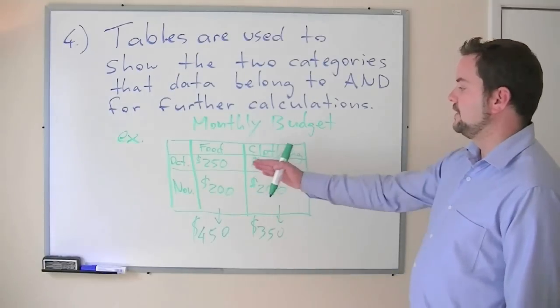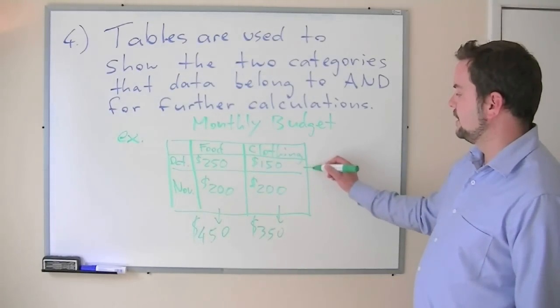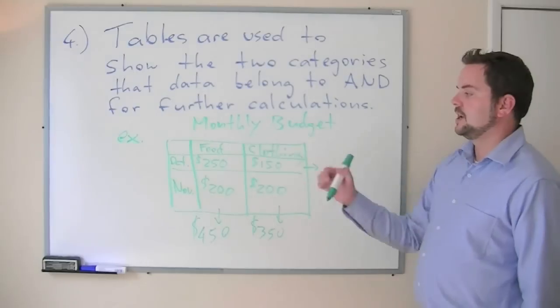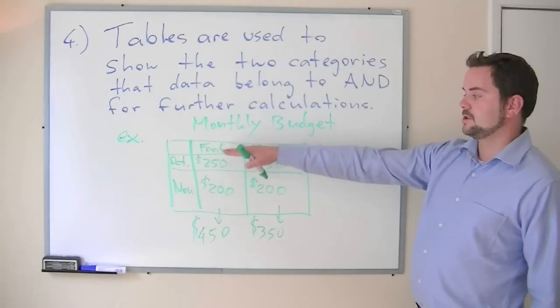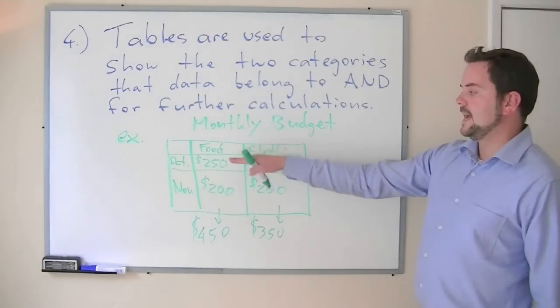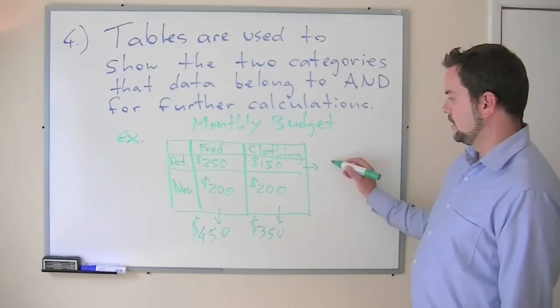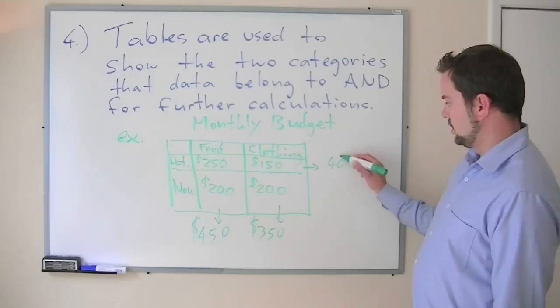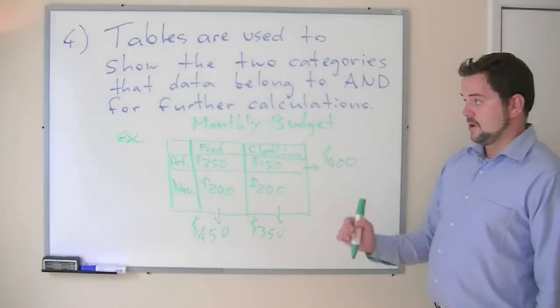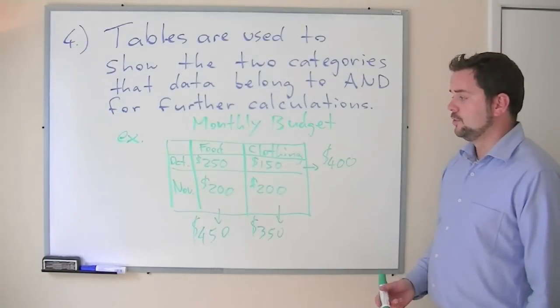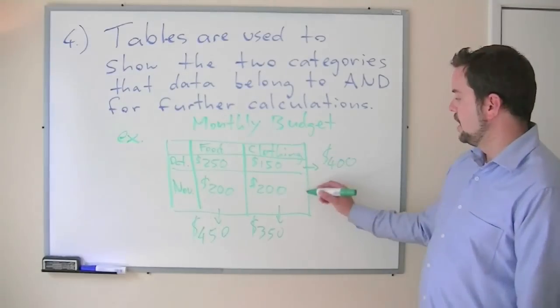Now, if we add together the rows, we find out a little bit different information. So by adding together the second row, again, pay attention, the first row is the title row, we learn that $400 was spent from the budget in the month of October on both food and clothing combined.